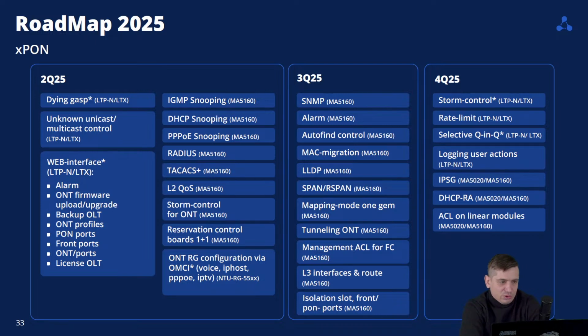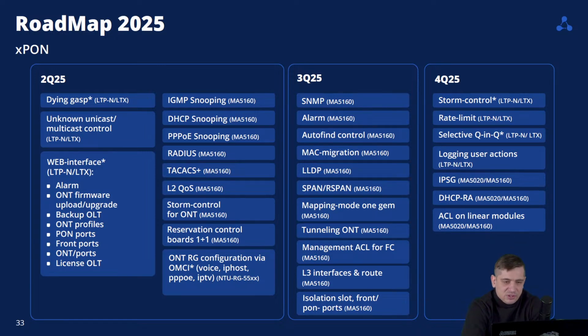As per PON roadmap, we shall have some essential add-ins in second quarter, like dying gasp, like web interface on LTP and LTX OLTs. Then in third quarter, we will elaborate functionality for our new MA5160.